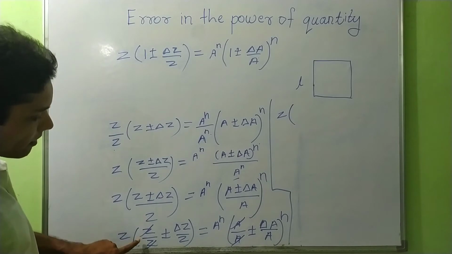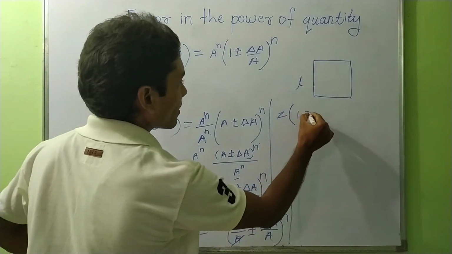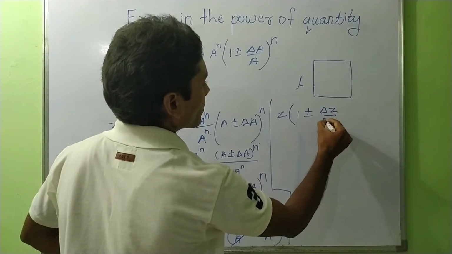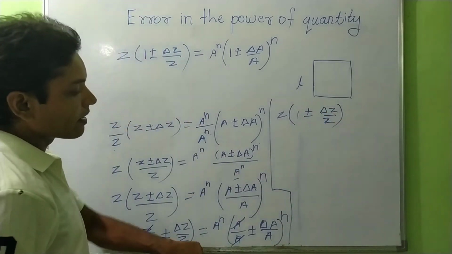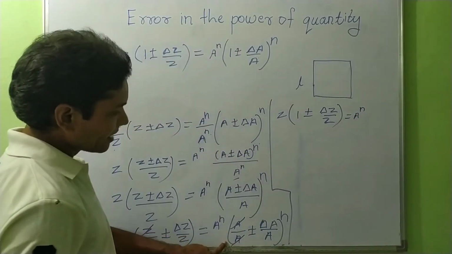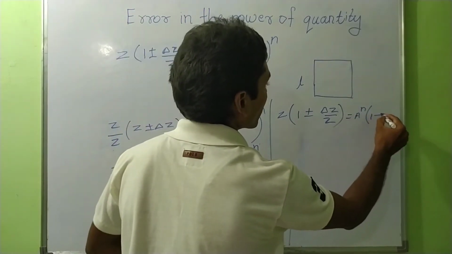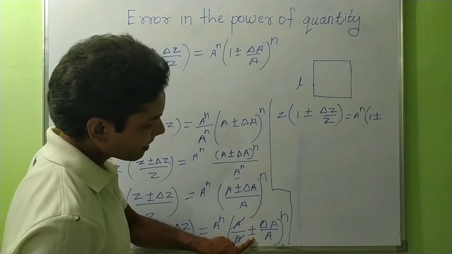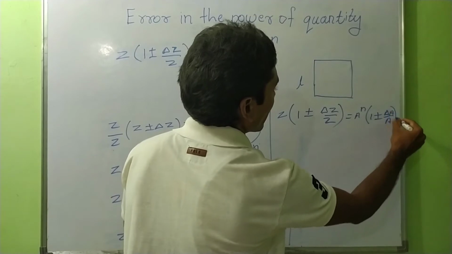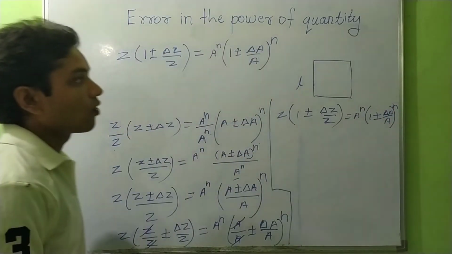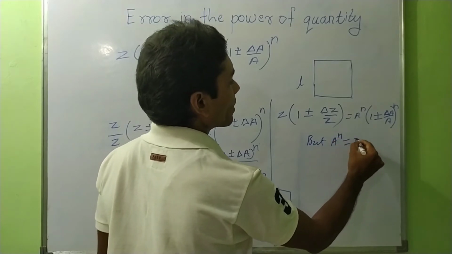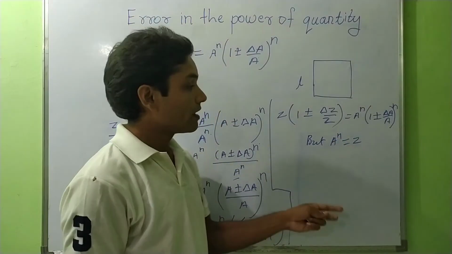Then the remaining part of this equation will be Z times the bracket of 1 plus minus del Z upon Z, and on the right-hand side, A to the power N times the bracket of 1 plus minus del A upon A, whole power N. But A to the power N equals Z, as we had taken in the previous step.